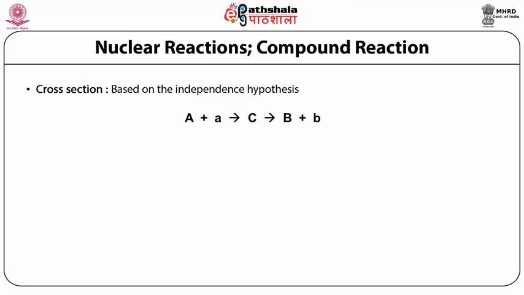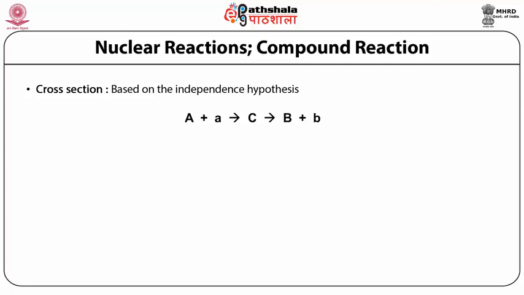The reaction cross section for this kind of nuclear reaction depends upon capital A, the mass of the target, small a, the mass of the projectile, capital B, the mass of the product nucleus, small b, the mass of the light charged particle emitted, and EA, the energy involved.